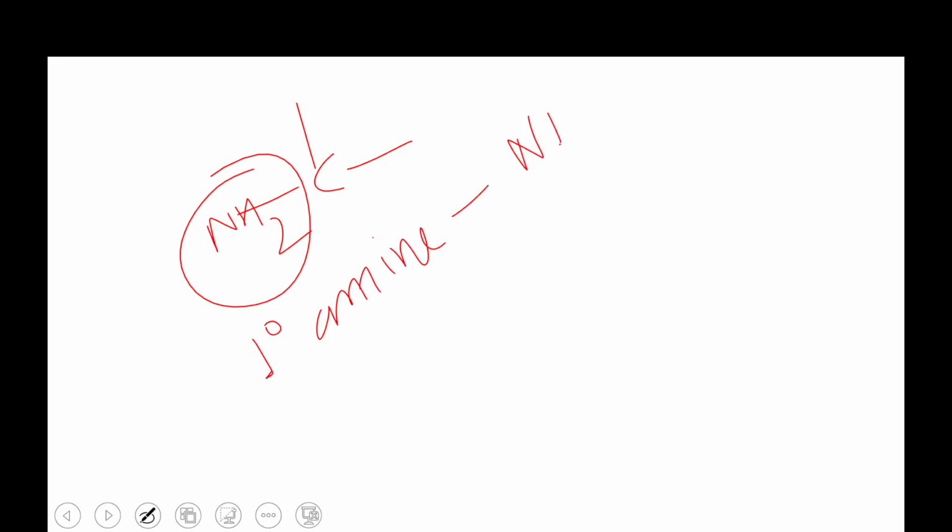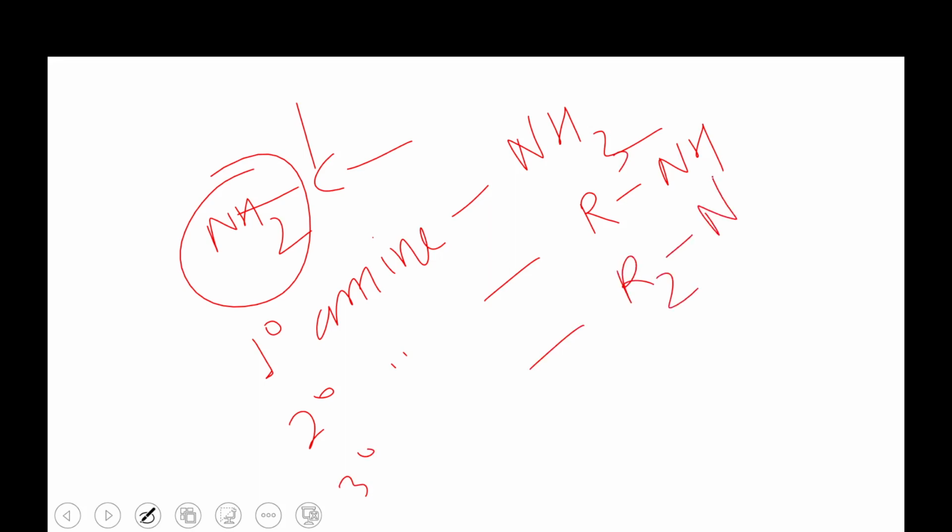If it is a secondary amine, it becomes different, and if it is a tertiary amine, one more is replaced.